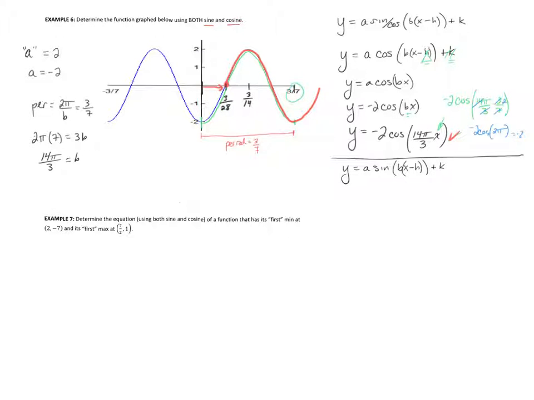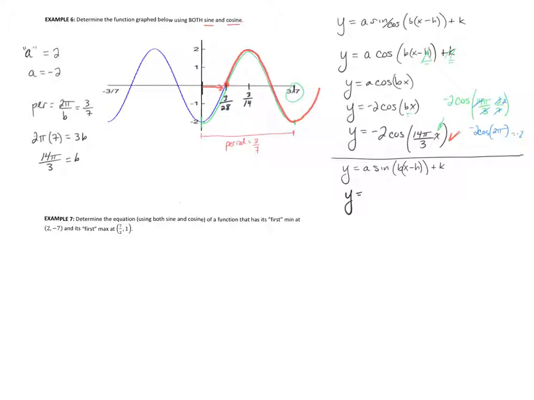So apparently, we could think of this thing like a sine curve that's been shifted right by 3/28. So rather than starting here and doing our thing, we just start 3/28 over and then do our thing. So the a value would still be 2. The b value would still be 14 pi over 3 because the distance is still the same. But we just have to put in a shift right of 3/28. So I should be able to come up with that.